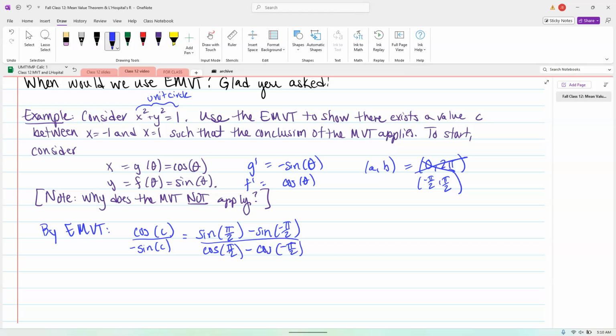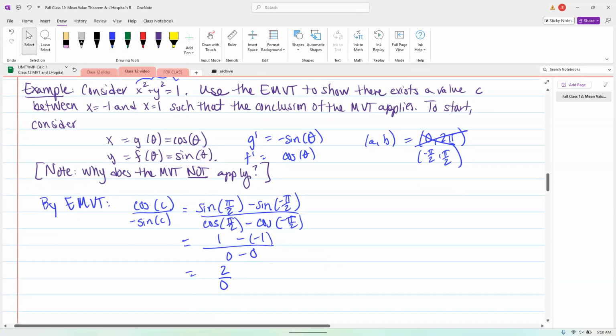Now you're probably thinking that denominator is not looking good, because I get 1 minus negative 1 over 0 minus 0, so 2 over 0.